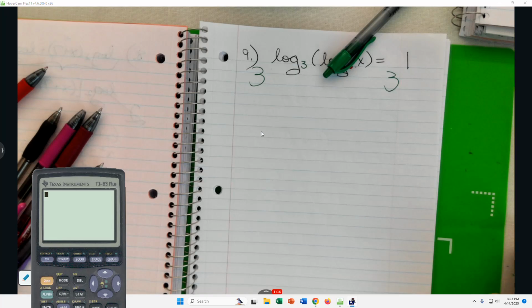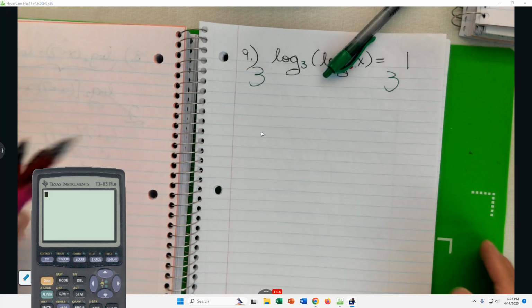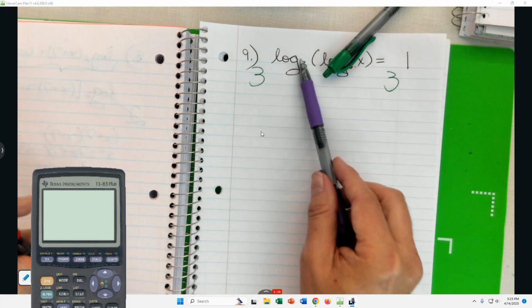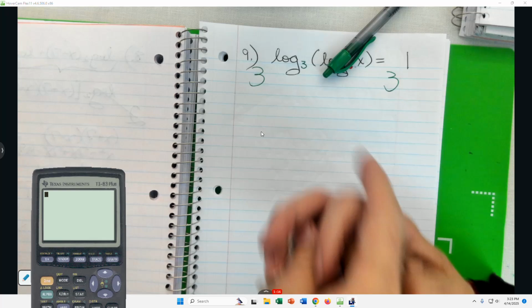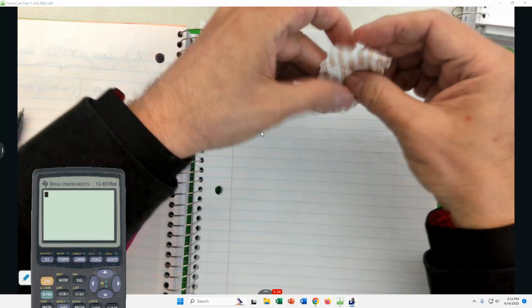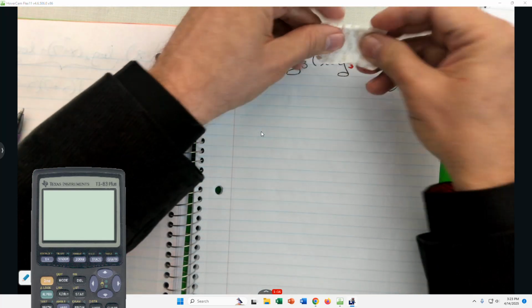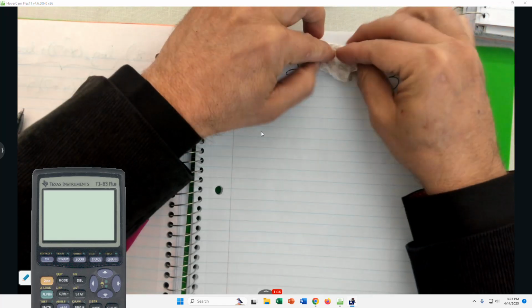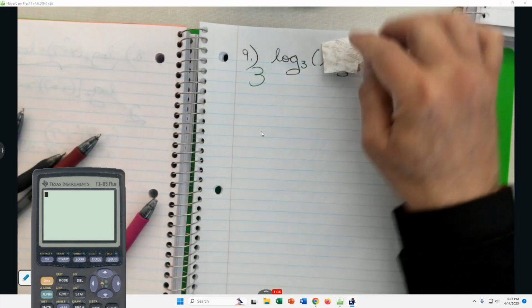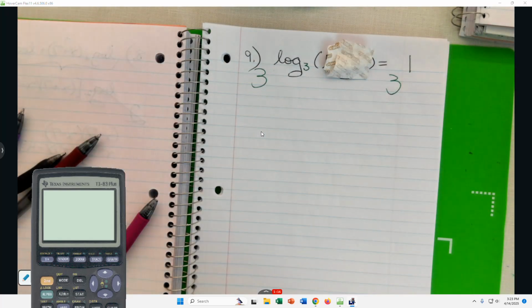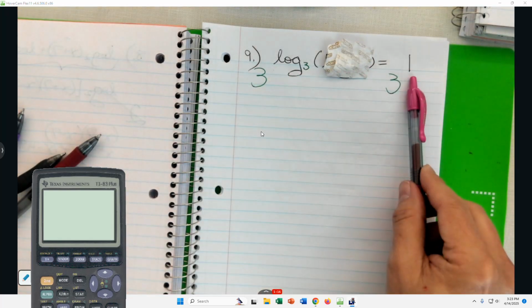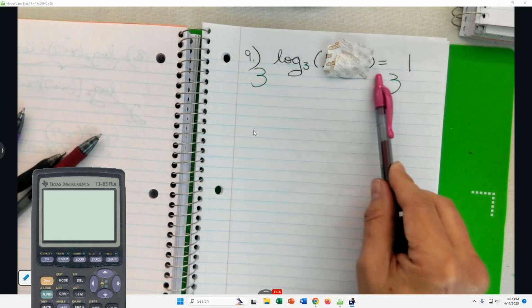At this point, we can use inverse functions. 3 to the log base 3 cancels out. Oh, that's better. Okay. So, there. Okay. So, just ignore what's inside those parentheses for the time being. This is a single logarithm. Single logarithm equals a number.